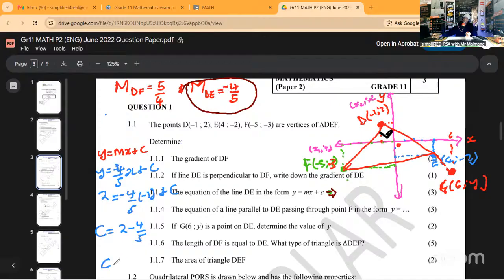And when we simplify, 10 minus 4, it would be 6 over 5. Therefore, our equation is Y is equals to minus 4 over 5 X plus 6 over 5.